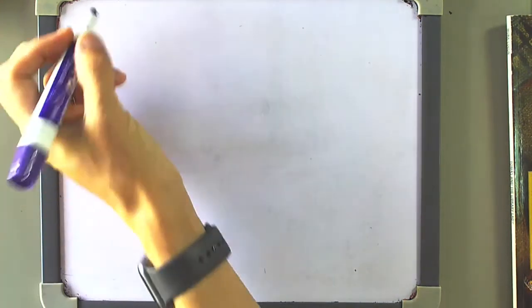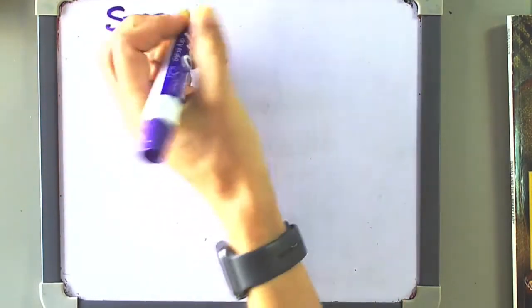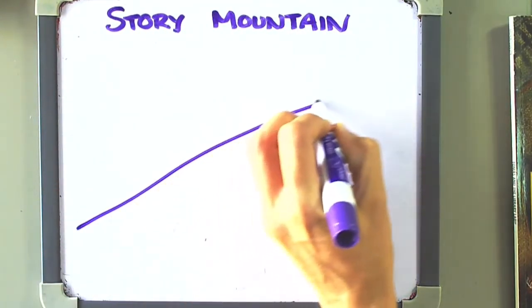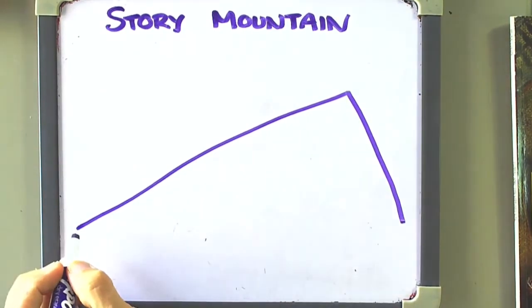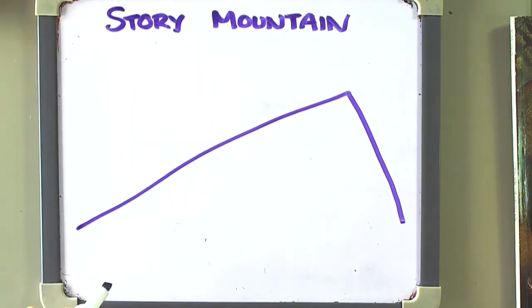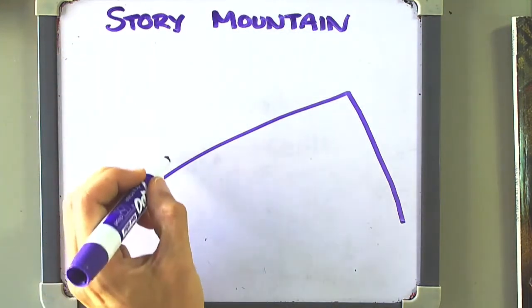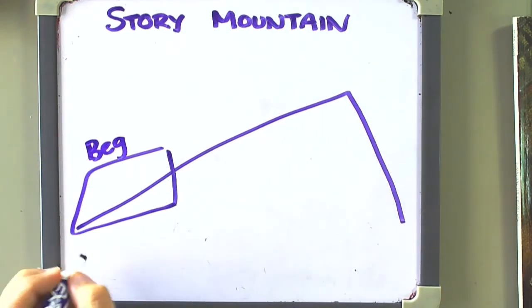So here I have my whiteboard. And just to remind you, we call this the story mountain. So it kind of looks like this. When we're thinking about our story, we can kind of chunk it into a few different parts, right? So here's the beginning. And this is where we usually meet the characters.